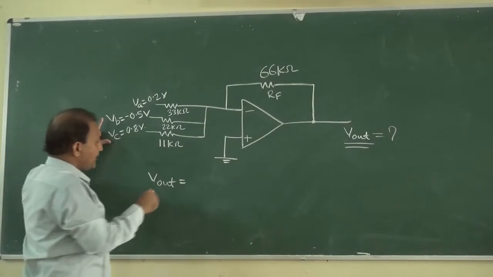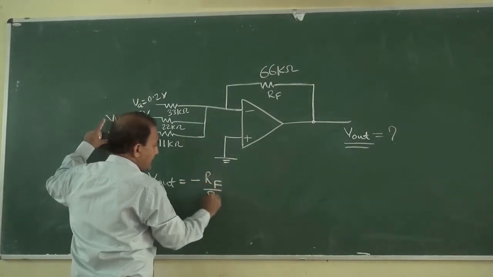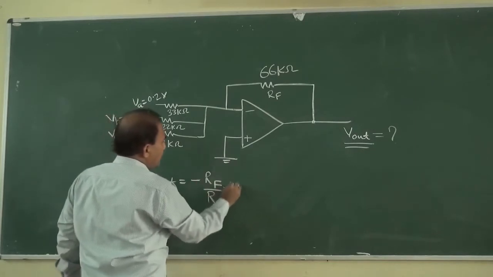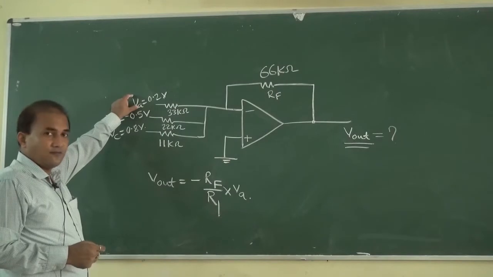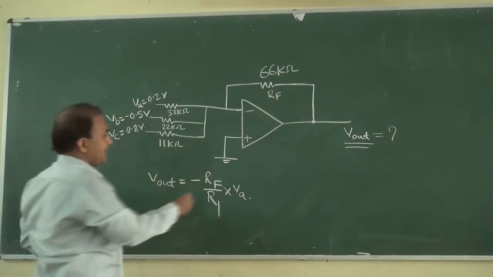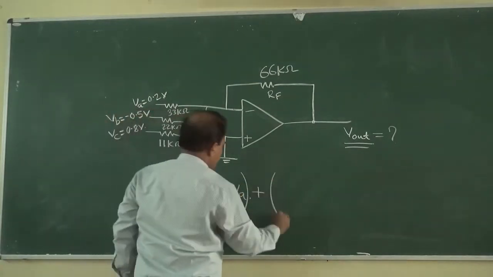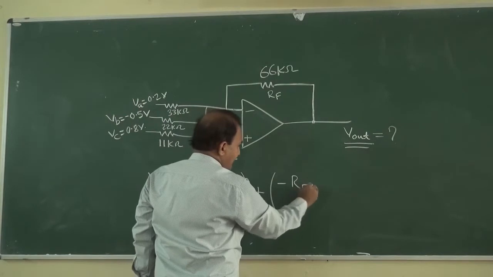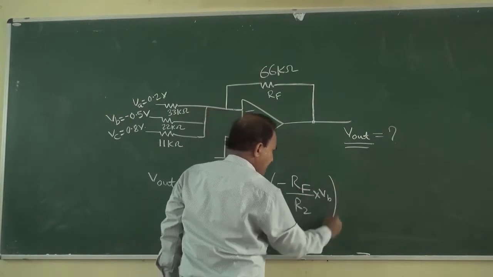So we can write V out is equal to minus RF by R1 into VA. First is VA, and we are neglecting the other voltages. Then again plus minus RF by R2 into VB.